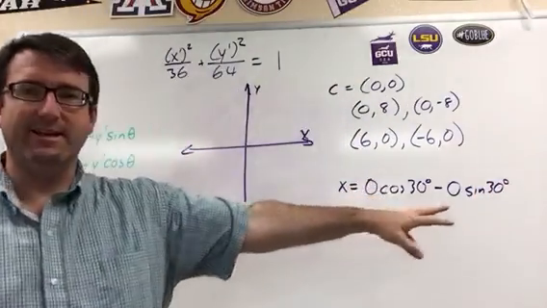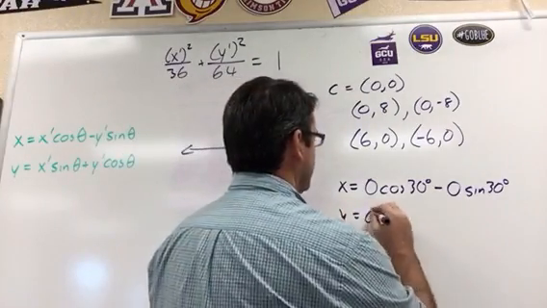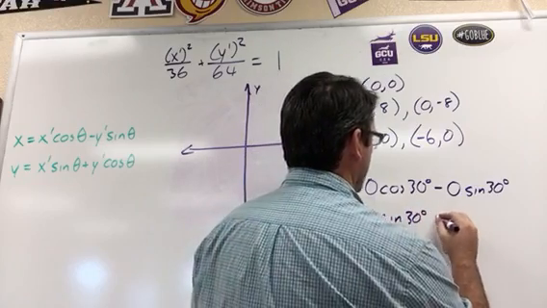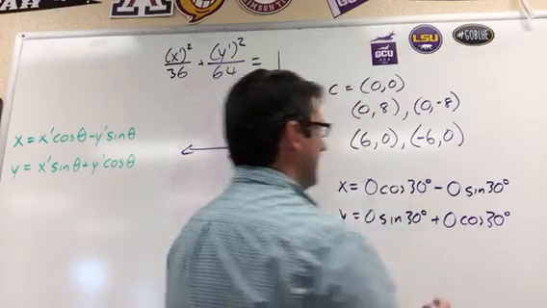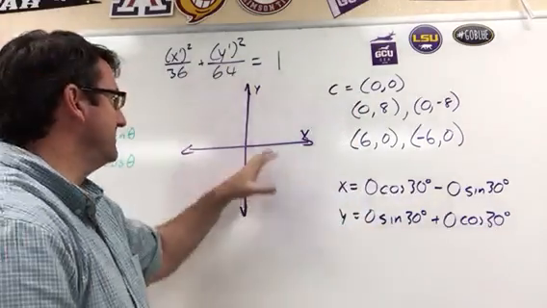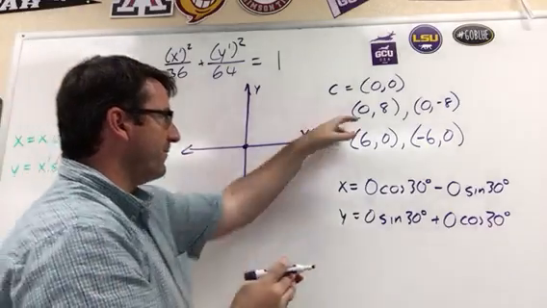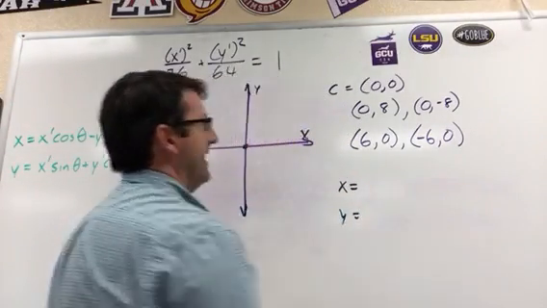And obviously that's going to end up being 0. And the same thing for the y. Y is equal to 0 times the sine of 30 degrees plus 0 times the cosine of 30 degrees. Those are both going to end up being 0, which makes sense. We want our center to still be at 0, 0.